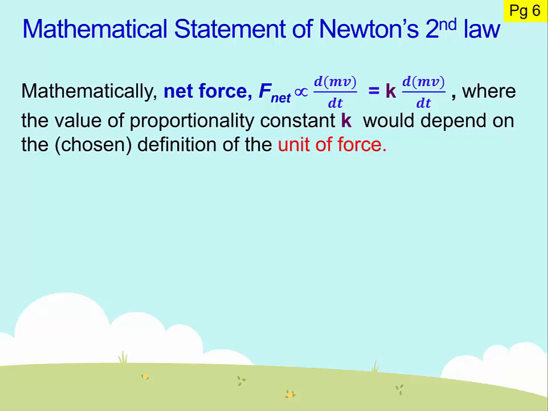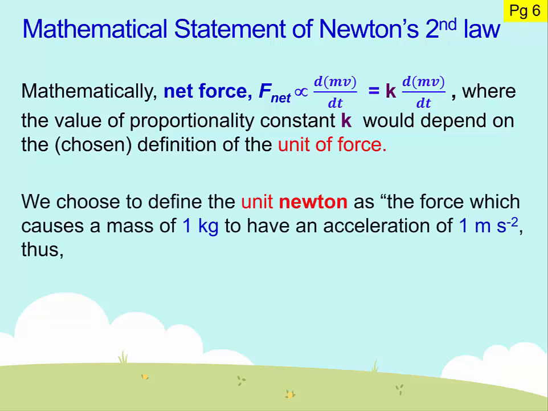Now, the value of k actually depends on how I define a unit of force. If we choose to define the unit of force, the Newton, as the force which causes a mass of 1 kg to have an acceleration of 1 meter per second squared, then I get 1 Newton equals k times 1 kg times 1 meter per second squared, and hence k becomes 1.